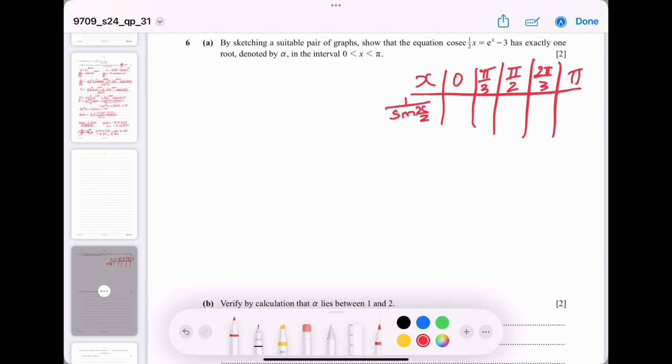Okay, so 1 over sine of pi over 3 over 2 gives us 2. 1 over sine of pi over 2 is root 2.